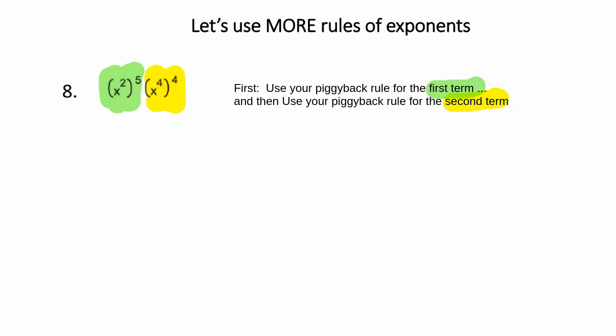Well, the green term is going to go right here. This will give me 5 times 2, or what I'm getting is x to the 10th power. I'm still multiplying. Why am I multiplying?